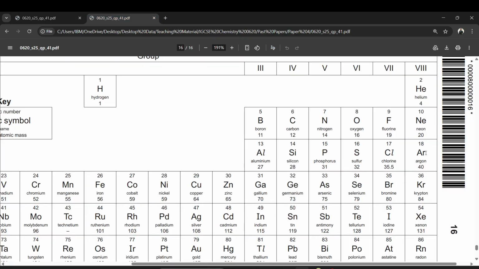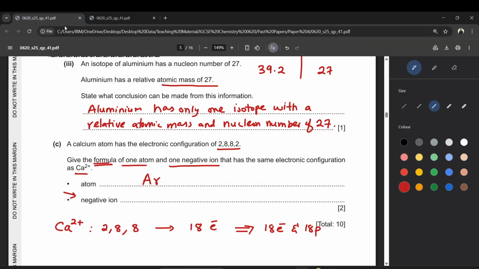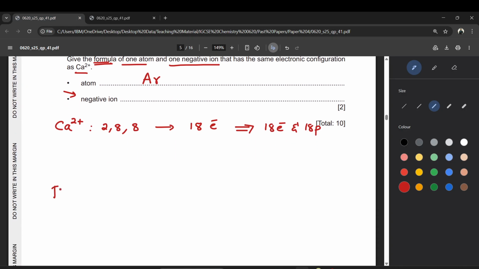In order to get the electronic configuration of argon, we can have phosphorus, we can have sulfur, we can also have chlorine. There could be three options, right? So let me show you how this works. If we have phosphorus, there are 15 electrons.